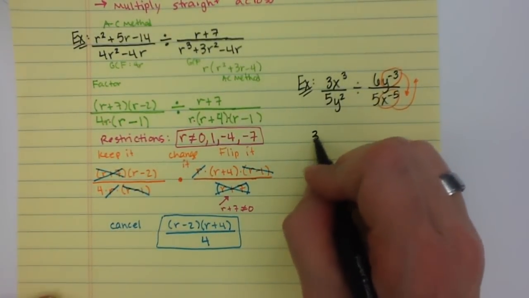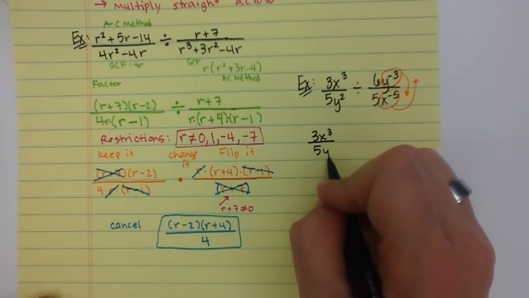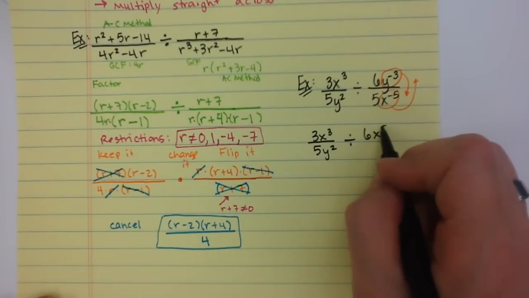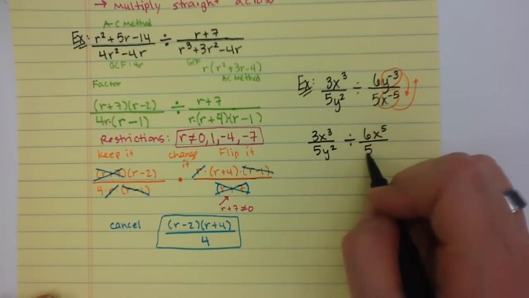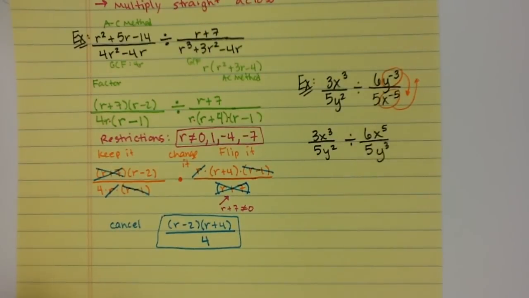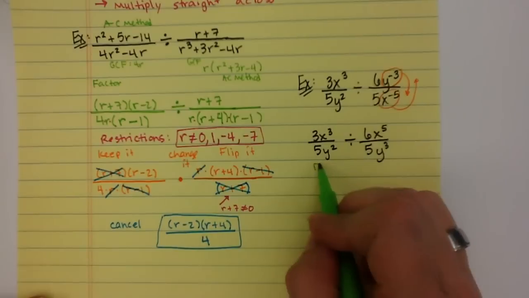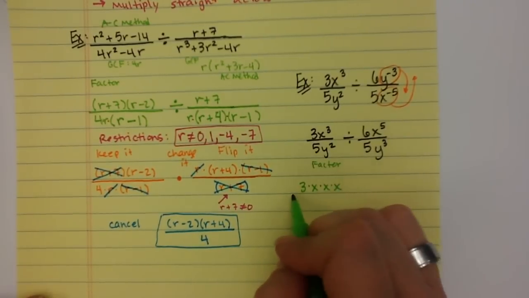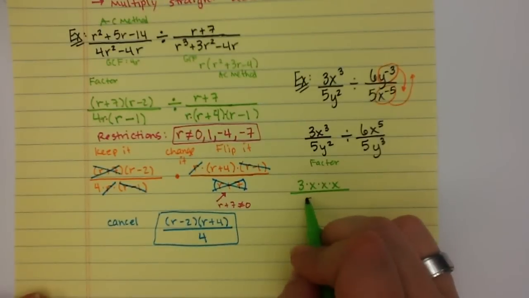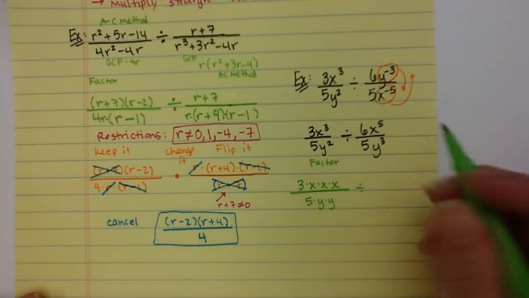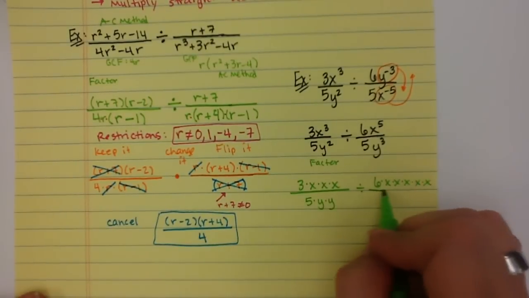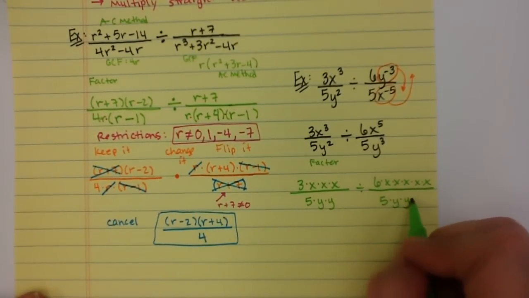So now I've got 3x cubed over 5y squared divided by 6x to the fifth over 5y cubed. And then I guess if you want to think about this in terms of factoring it, we could rewrite this as 3 times x times x times x over 5 times y times y, divided by 6 times x to the fifth, over 5 times y times y times y.